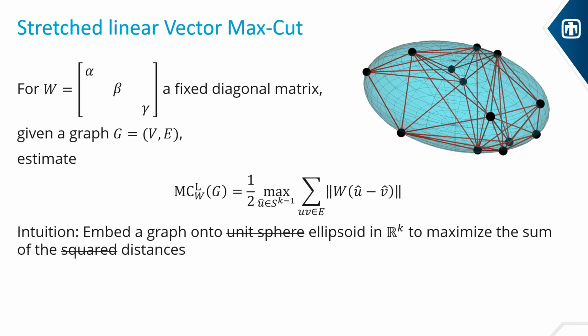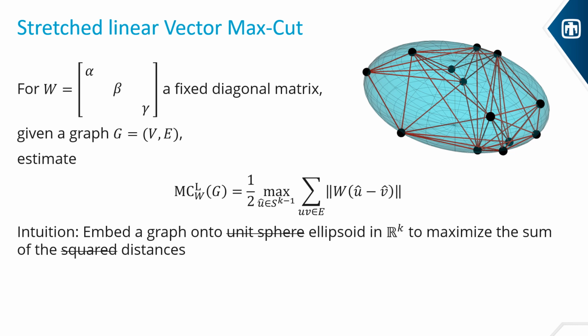Now, the vector max cut problem does not exactly match the objective we found when analyzing Hamiltonians. And so we introduce a new problem, which we call stretched linear vector max cut. Here, given some weight matrix and a graph, the problem is to estimate this objective function, which is in terms of the stretched distance between vectors assigned to each vertex.